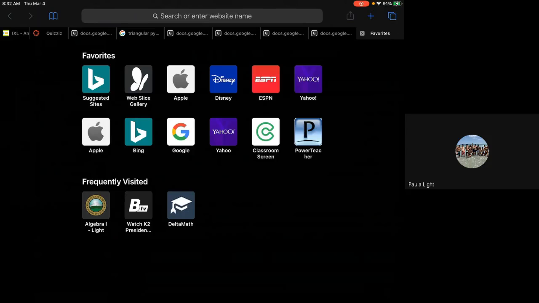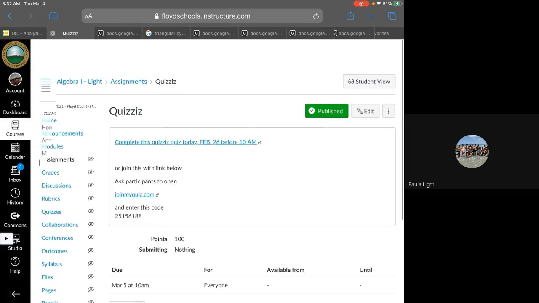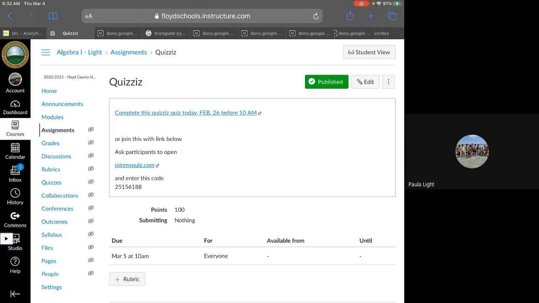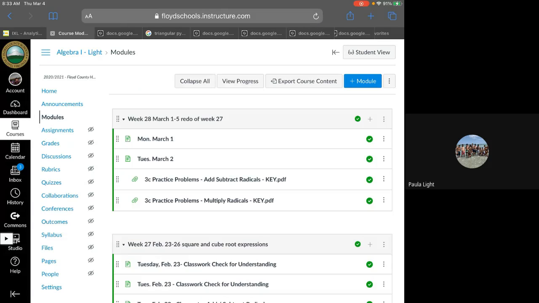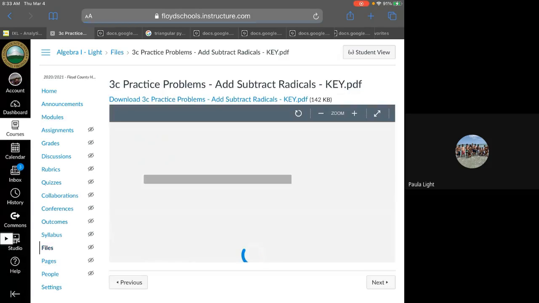All right. So let's start by going over the evens on adding and subtracting radical expressions. So we're going to start here and clear up anything, see what you got right and wrong. This one right here, add, subtract radicals.